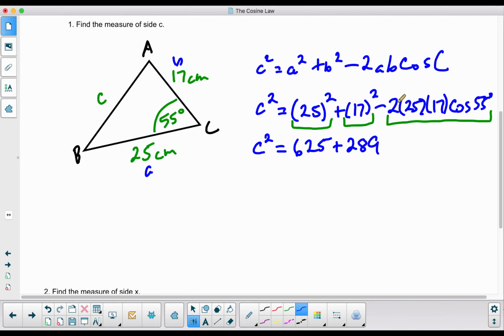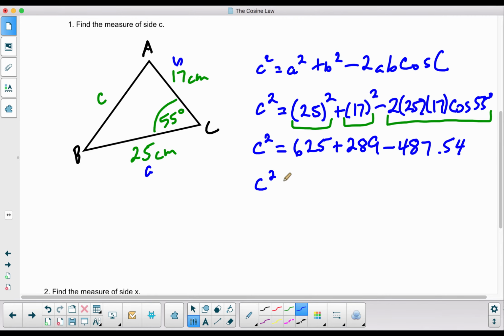And then just grab your calculator and make sure you punch in the negative too. This helps. Negative 2 times 25 times 17 times cos 55. Punch that all in your calculator and you will get 487.54. I would usually round to 2 decimals.